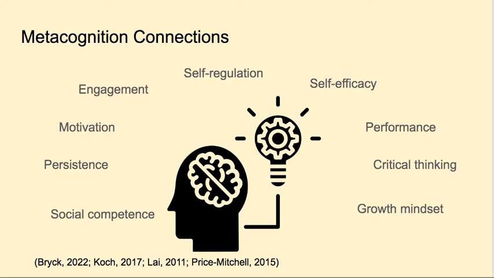So metacognition connects to behaviors that we want to build within our students in the classroom. Behaviors such as social competence, persistence, motivation, engagement, self-regulation, self-efficacy, performance, critical thinking, and growth mindset. So when we start to build metacognition strategies into our classroom, it can create a virtuous cycle for students to become better learners and better people.